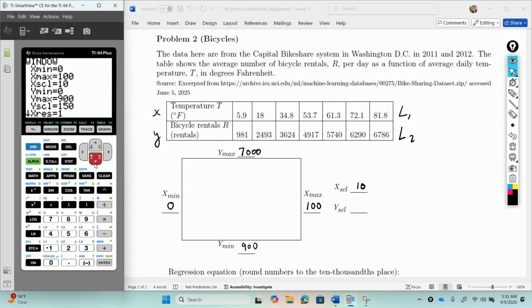So I'm going to go from 900, just writing over the old numbers, up to 7,000. Now, what should my grid marks be there? If I take it by hundreds, 900, 1,000, then 1,100, no, they're going to be way too close together.